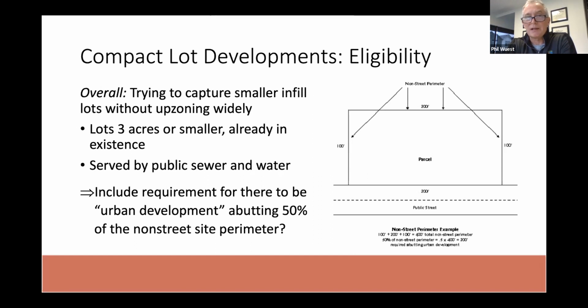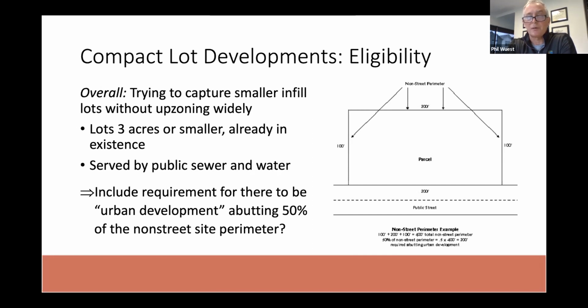But I also think 3 acres as a hard and fast rule is too strict. I'd like to see that a little bit bigger as a base number. I don't know whether it's 4 or 5, but 3 is pretty small. Does a lot that's 3.02 acres count? And then the other issue is, how do you account for not true net developable area, once you take out all sorts of tracts?